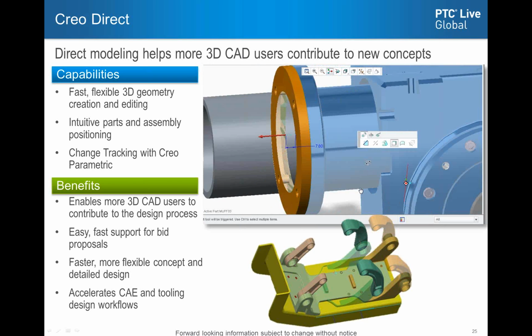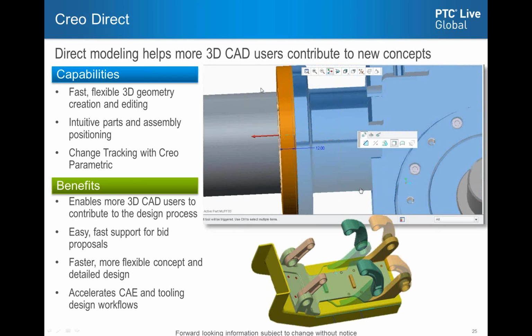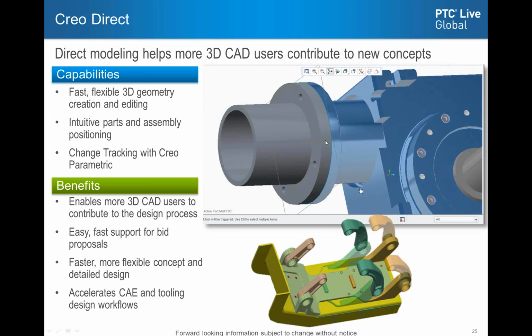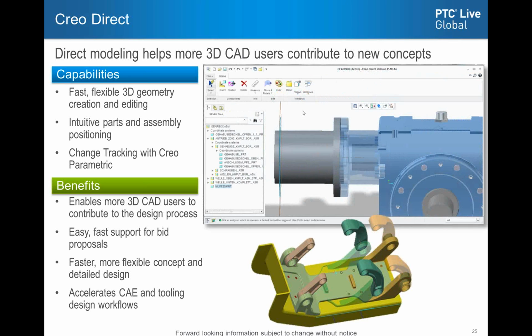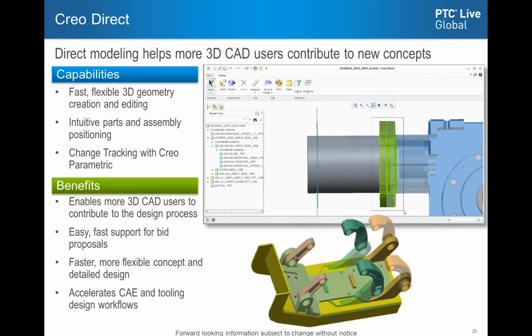Now once I've got my design fairly close to what I'm after, maybe I want to make a further design change to it. I've now got two parts on the screen, but what I want to do is maybe manipulate both of these together. So Creo Direct allows me to select geometry from multiple parts simultaneously and perform move operations on that.